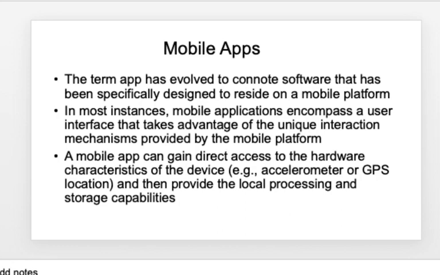The mobile app has direct access to hardware characteristics like the accelerometer or the GPS, and provides local processing and storage capabilities, and that is how you are able to use a lot of applications on your mobile, like Google Maps, which basically uses the GPS and so on.